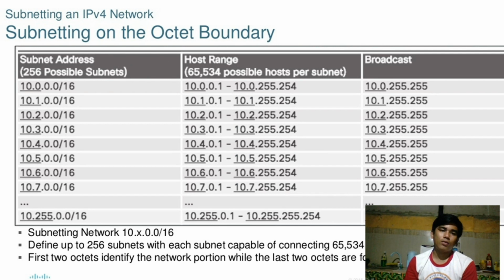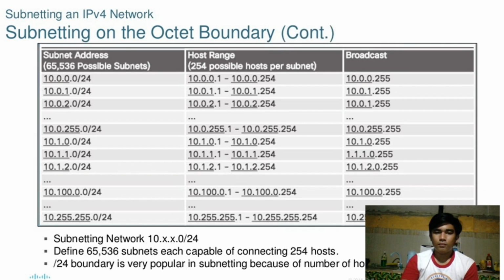Subnetting on the octet boundary. Subnetting the network 10.x.0.0/16 defines up to 256 subnets, each subnet capable of connecting 65,534 hosts. The first two octets identify the network portion, while the last two octets are the host IP addresses.